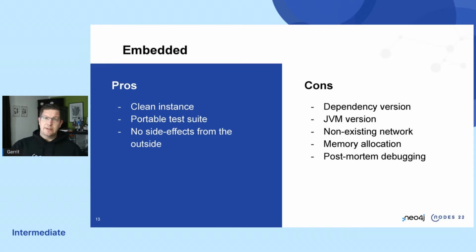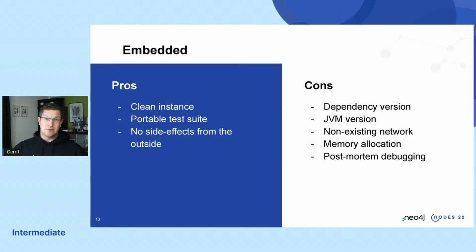But the downside of those approaches is that you might have dependency problems. The embedded instance is also just another library that you bring into your application, so it might require different versions of some dependencies you already have defined for your application, for your production code.